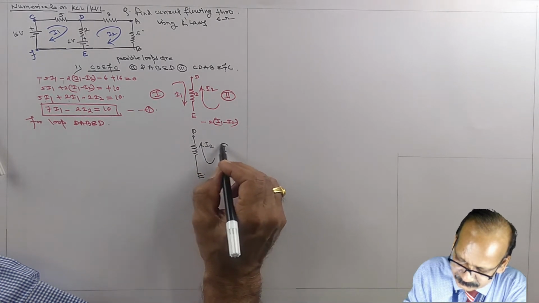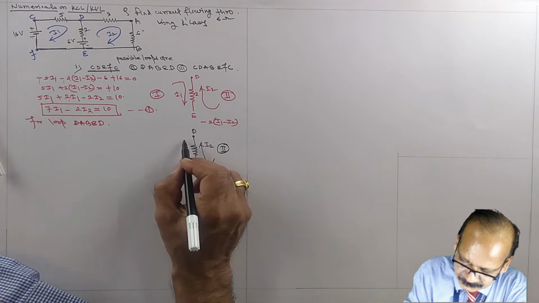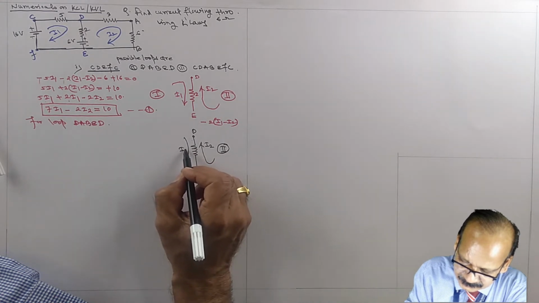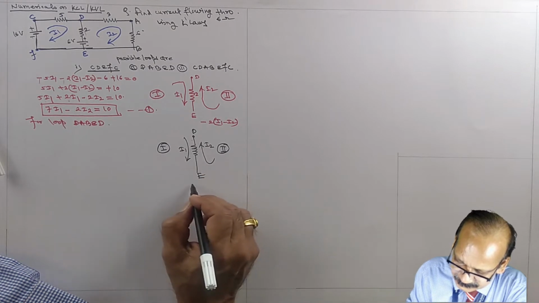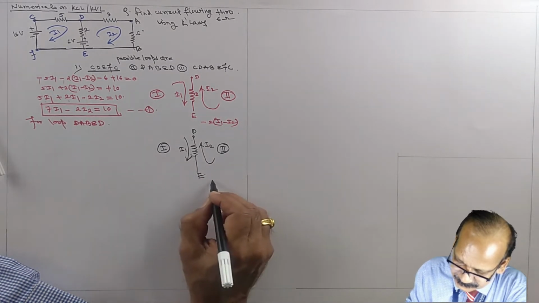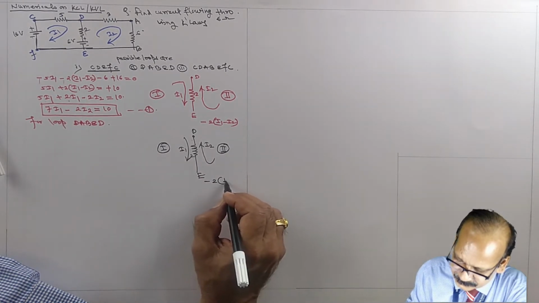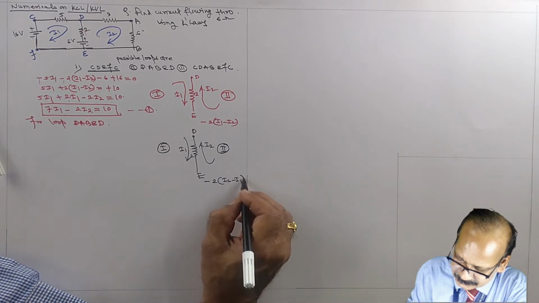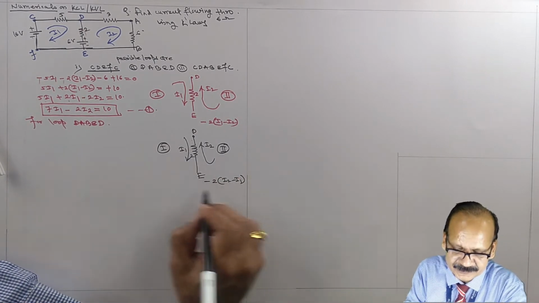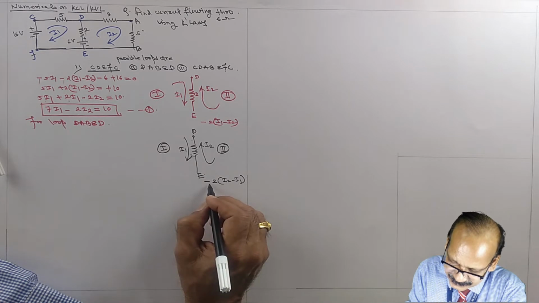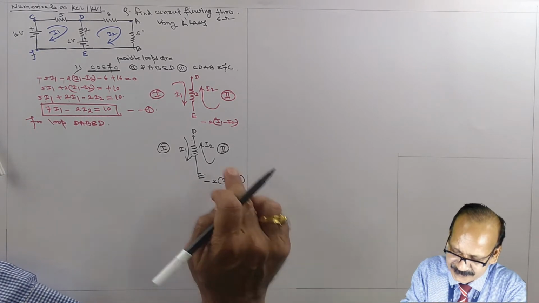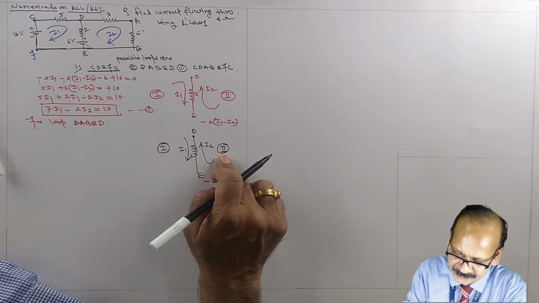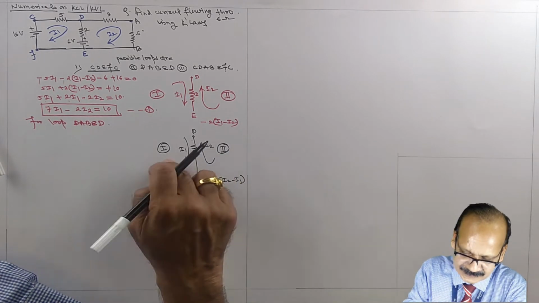This is loop 2 and this is loop 1. So here will be minus 2 times I2 minus I1. This minus is in the direction of current, fall in potential, negative sign, and I2 minus I1 because we are solving for the second loop, we have to assume that I2 is greater than I1.